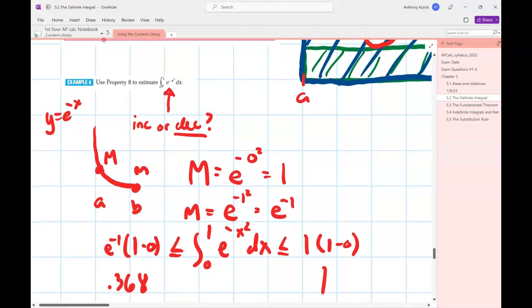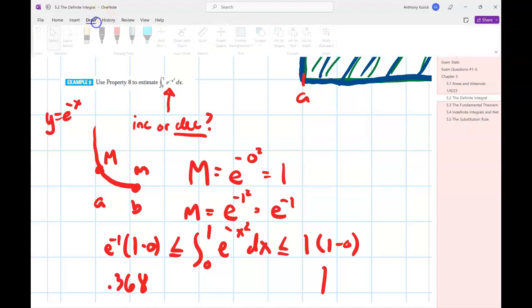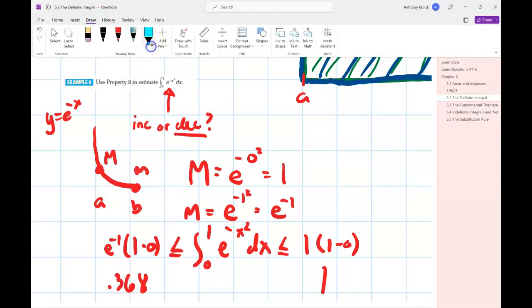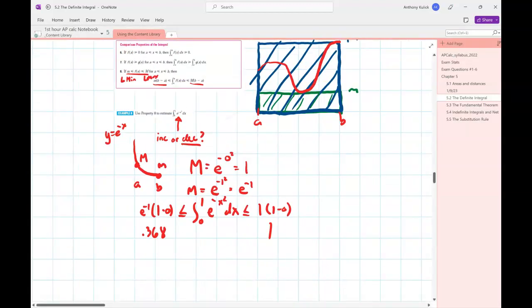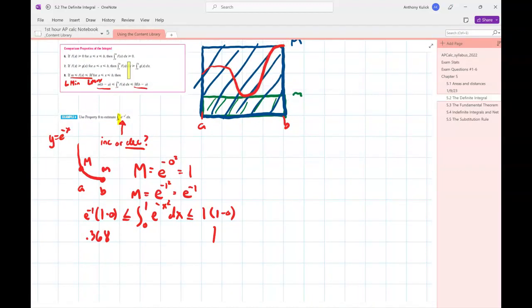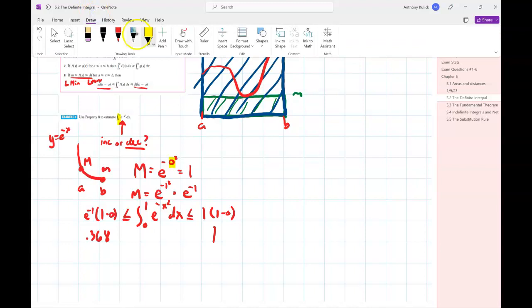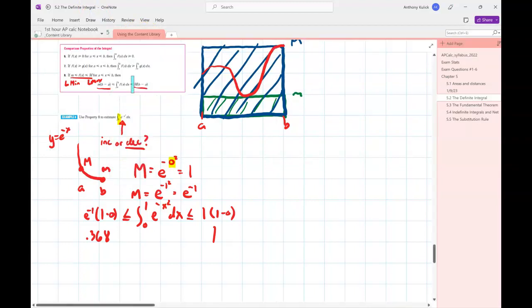So I just used the first point on my interval to find my cap M, and I used the last point on my interval, the endpoint of my subinterval, to find my little m. So I use the 0 there, and then I use the 1 there.